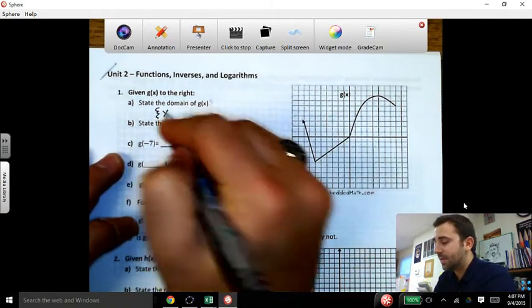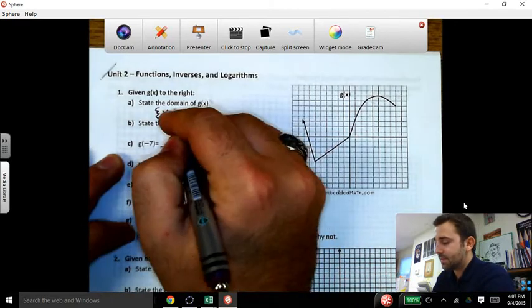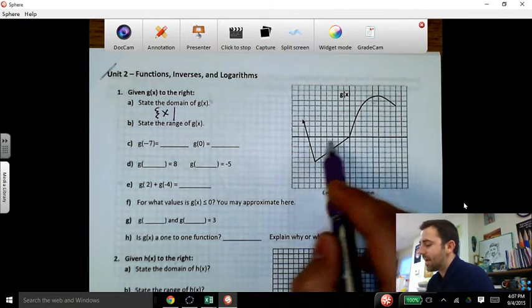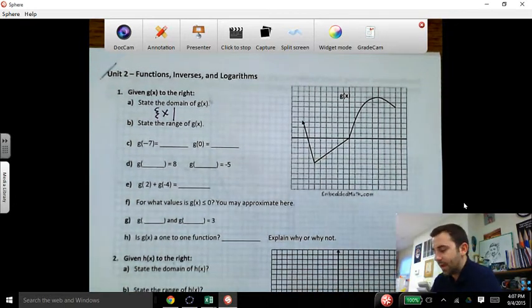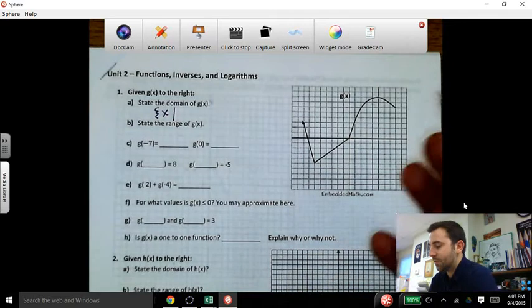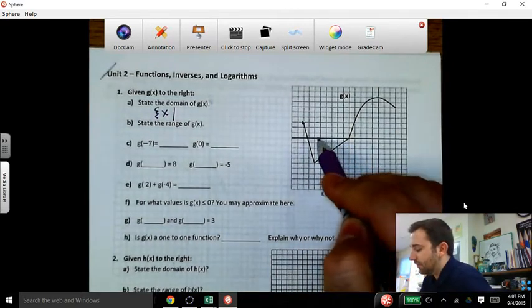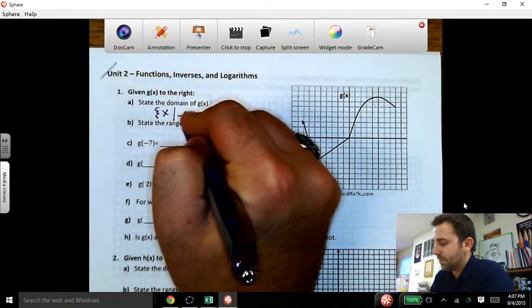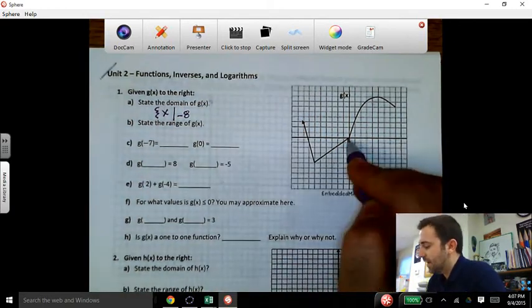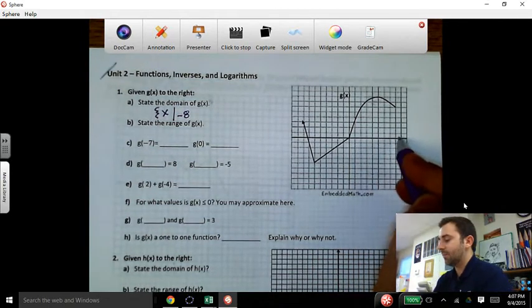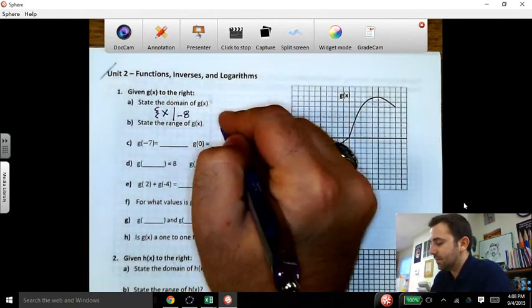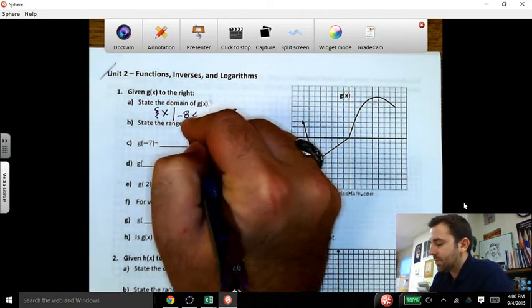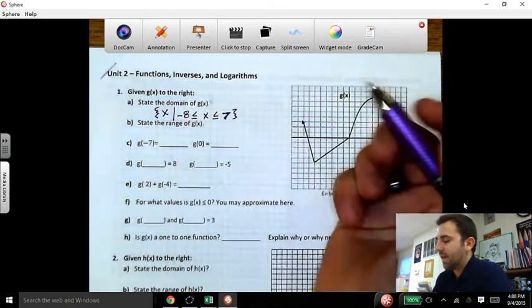I would say that the domain values are defined as x, such that x is between, and I would count on the x-axis to find the domain of this function. If I count over to the far left of the x-axis, I would find the minimum value of the domain, which is -8, and then count over and find the far right, the positive values, 7.